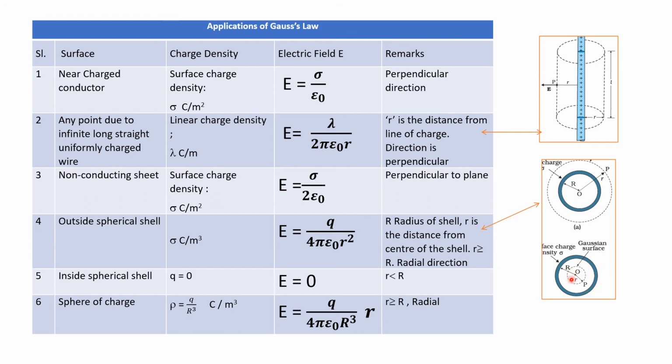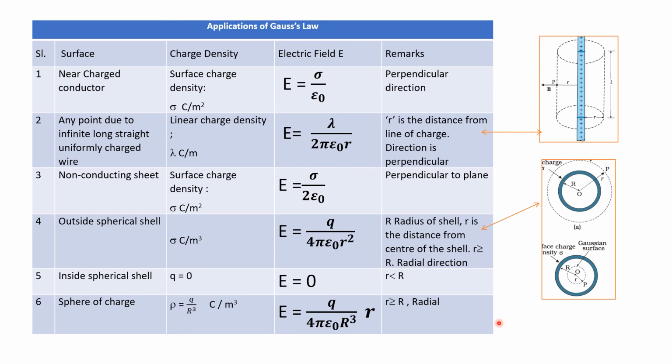There is no charge inside. Q is 0 inside. Therefore, because Q is 0, E is also 0 inside, since r is less than capital R. And E is equal to Q over 4 pi epsilon naught r square in the case outside.